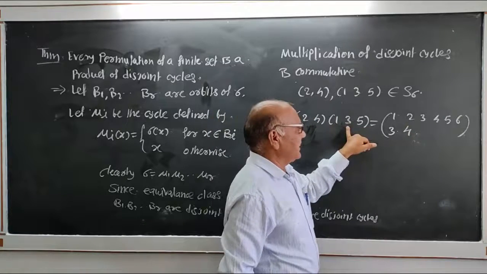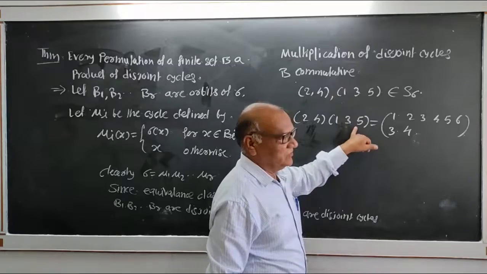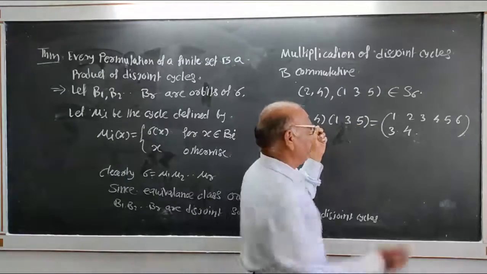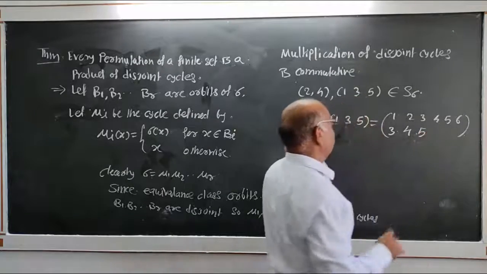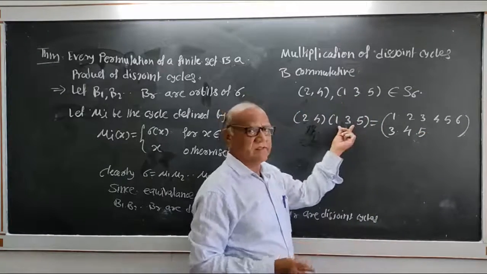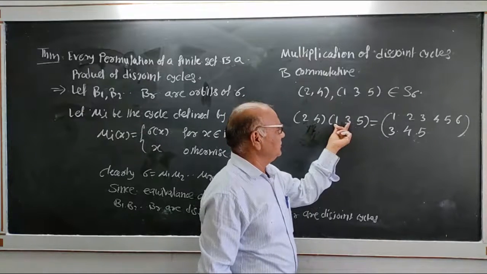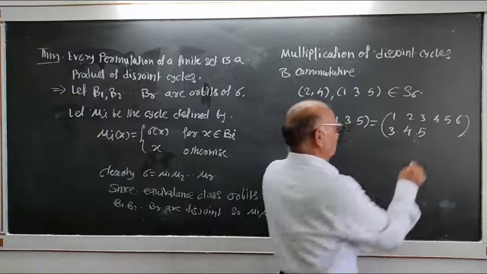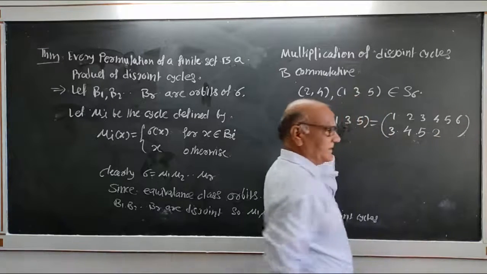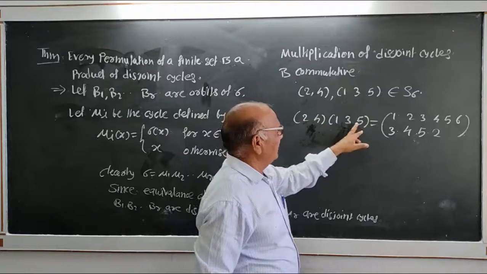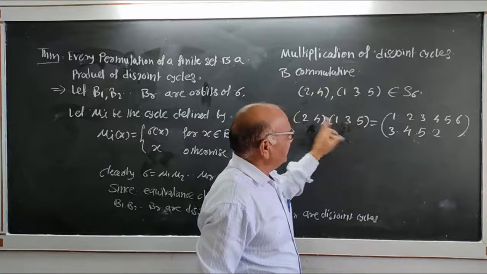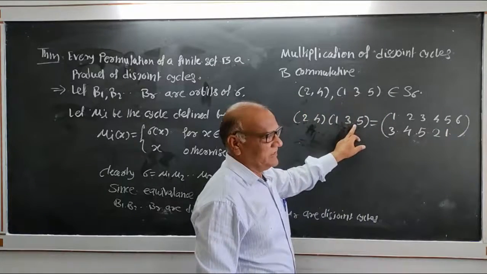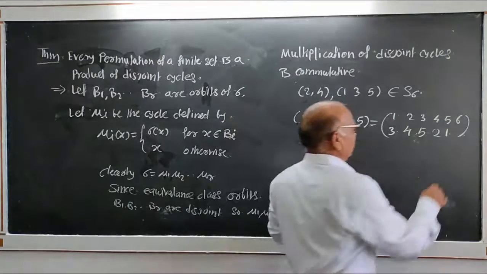Now 3 goes to 5, and 5 is absent, so 5 goes to 5. So 3 goes to 5. Here 4 goes to 4, then 4 goes to 2. Now 5 goes to 1, and 1 goes to 1. Also 6 goes to 6.